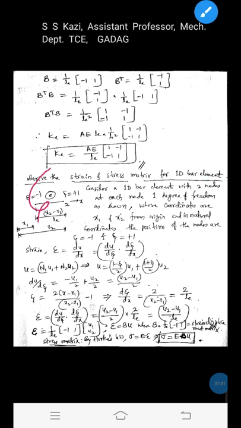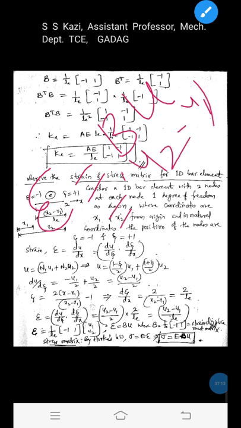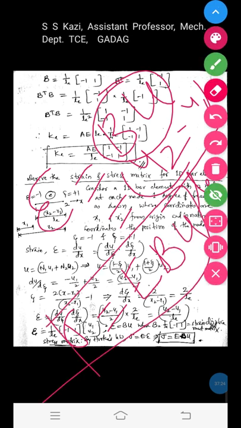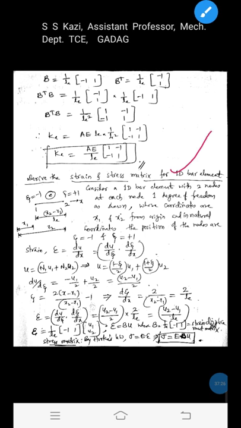Therefore strain in each element of a 1D bar having two nodes is given by B into U, that is u2 minus u1 by Le, and stress matrix is given by Young's modulus into strain, that is EBu. This is the derivation for stress and strain matrix for a 1D bar element.